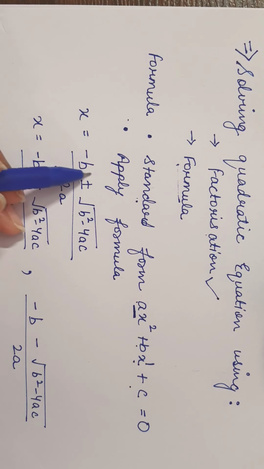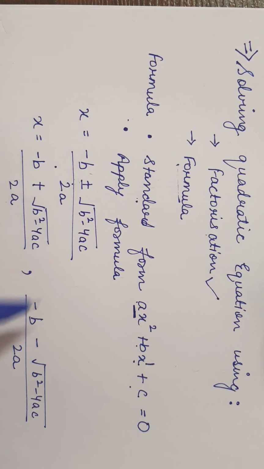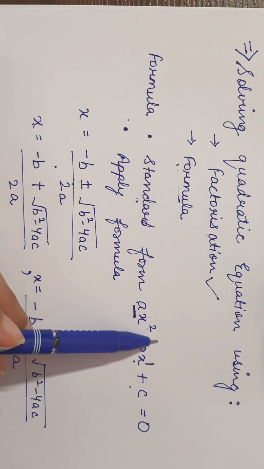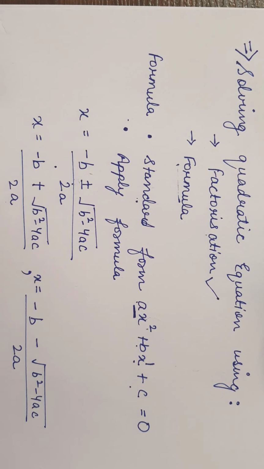That means at this place one value we will get by adding and the other value we will get by subtracting. So ultimately we will get two values, because a quadratic equation will always have two answers, or as we can say, two roots.